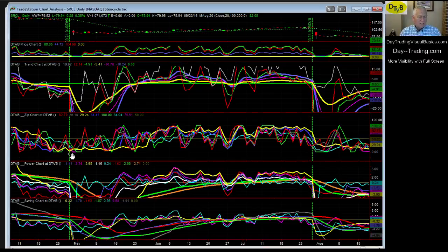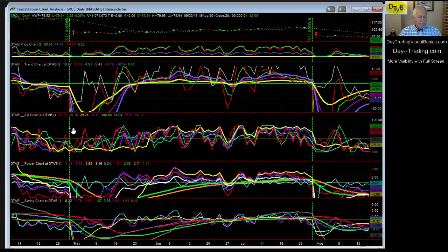In this case, they're not necessarily under yellow and blue, because we are under zero and yellow and blue are traveling down low under 20, indicating that it's a downtrend. And that's why I brought up the idea that so many times when your lines are under the 50 mark on the zip chart, then you are in a given downtrend.